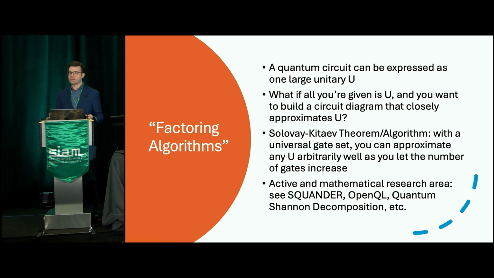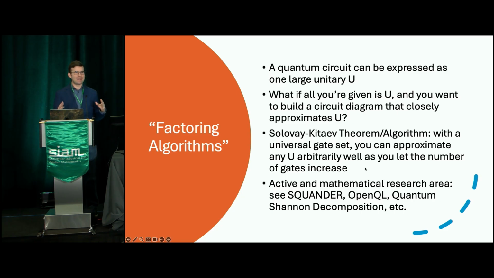There's a really famous result in quantum computing, the Solovay-Kitaev theorem. It's a constructive theorem, so the way they prove the theorem is by giving an algorithm that demonstrates this. And so it says that with a universal gate set, which is just like 7, somebody can correct me, but 7 or 8 or 4, some small number of gates, like an X gate and a Hadamard gate and a couple of these things, that's enough to be able to approximate any unitary, any circuit arbitrarily well, as you let the number of gates increase.